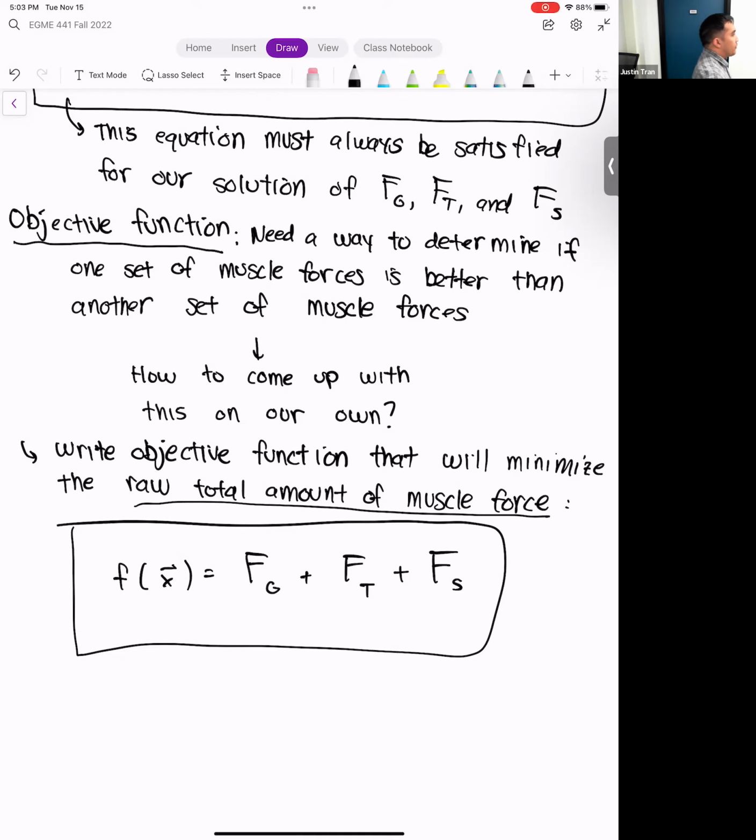Right, so that's just the definition of the raw total amount of muscle force. So you take each muscle force and you just add them together. And so through our optimization algorithm, what we're going to do is we're going to minimize this guy.